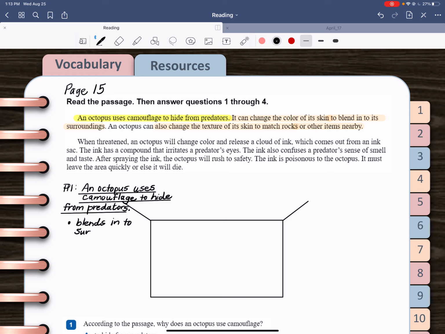That's what camouflage means. And it can do that in 2 ways: the color of its skin and the texture of its skin. So this paragraph is about that ability to camouflage.